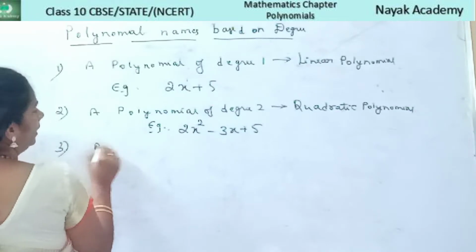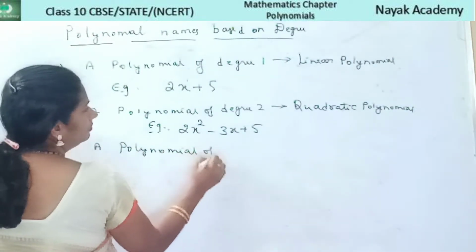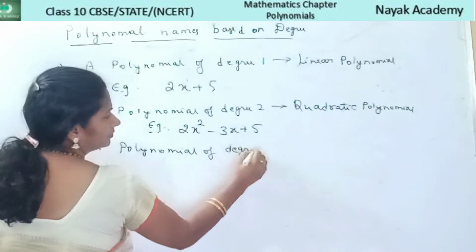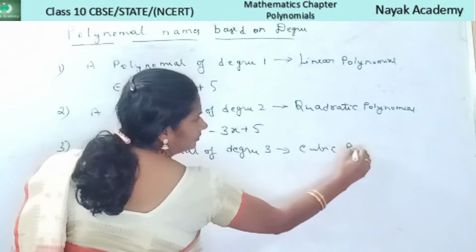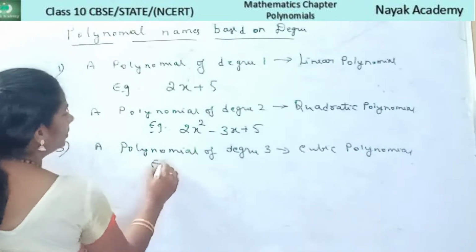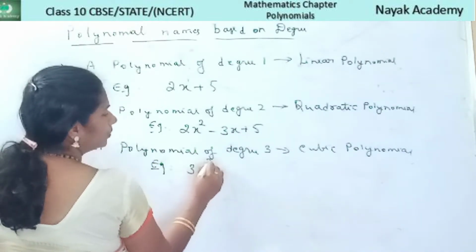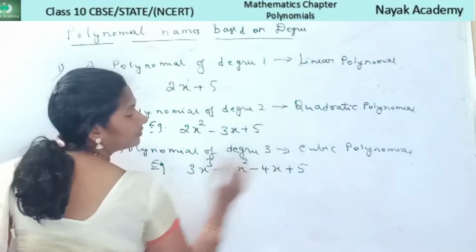Third type, a polynomial of degree 3 is called a cubic polynomial. Example, children, 3x cube plus 3x square minus 4x plus 5.